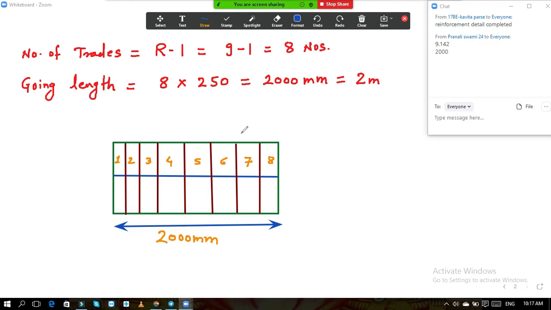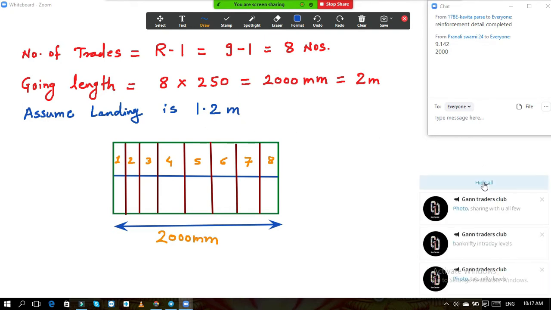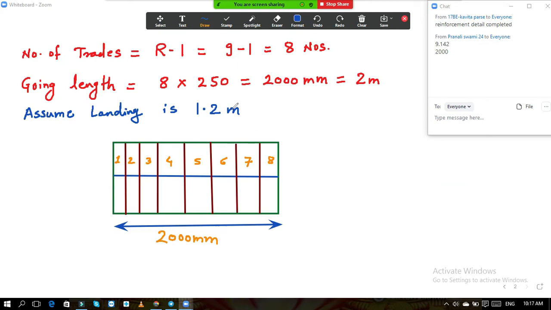Sometimes it may be 1.5 meter or greater than 1.5 also. So here we will assume landing is 1.2 meter. You may assume 1 meter also. You may take 1.3 meter, 1.4 meter, 1.5 meter. Okay. So I am taking here 1.2 meter.